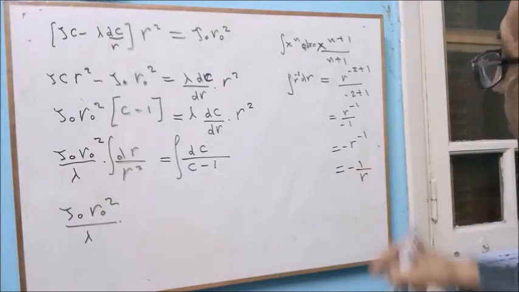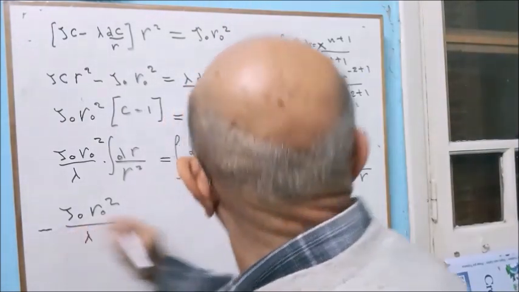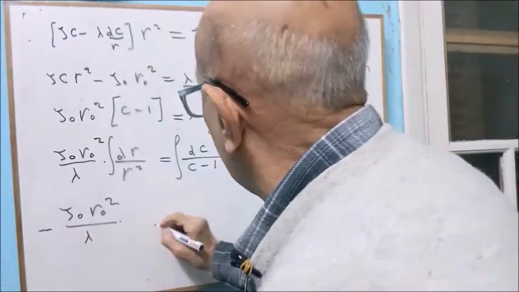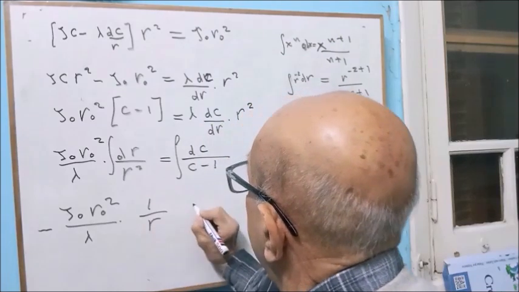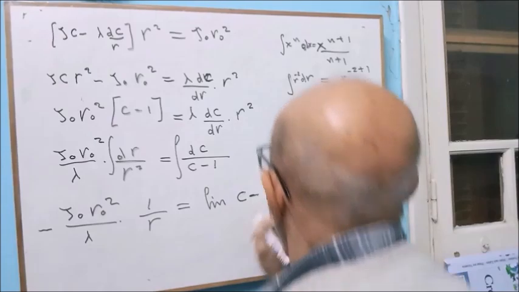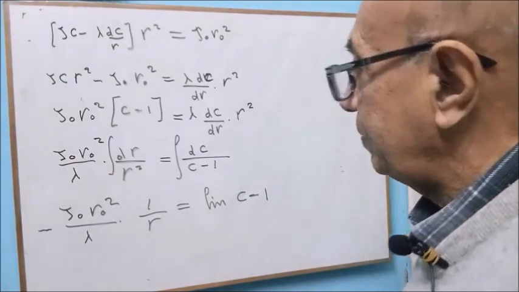R to the power minus 1 is okay. So here we'll get, let's transfer the minus sign to the whole quantity, into 1 over r equals ln c minus 1. I can rub this now and then continue our derivation.